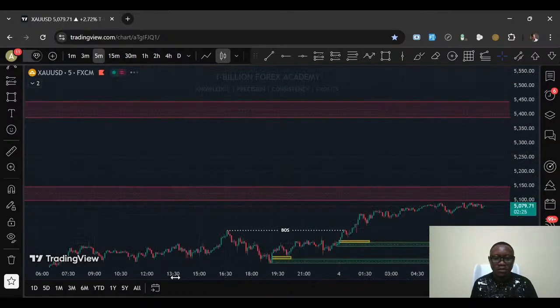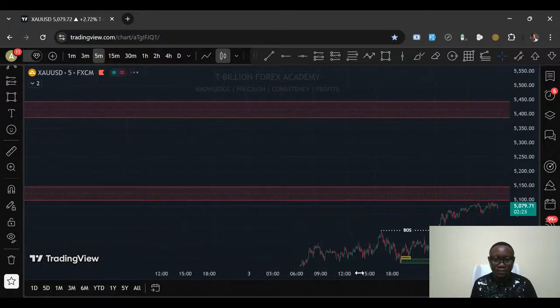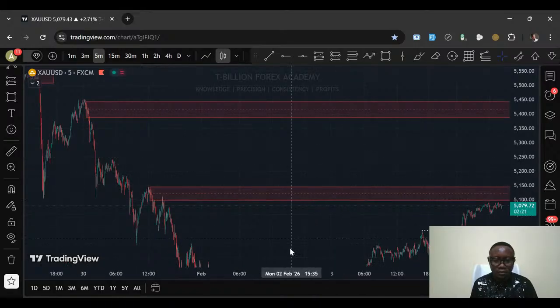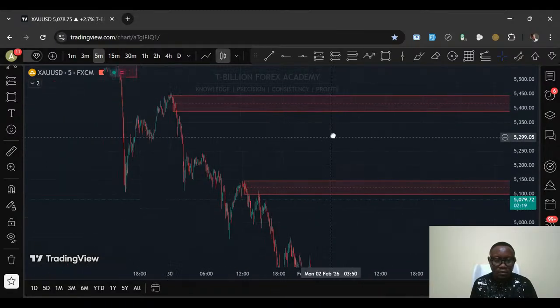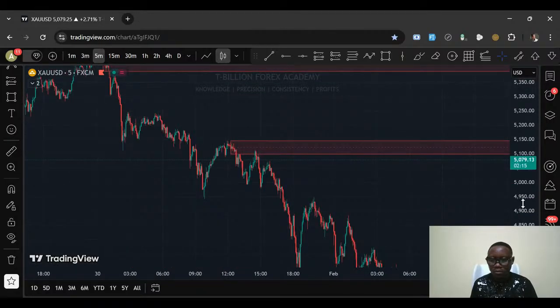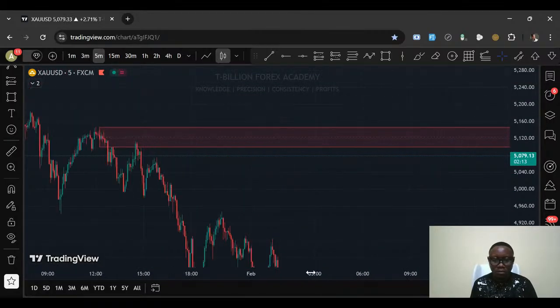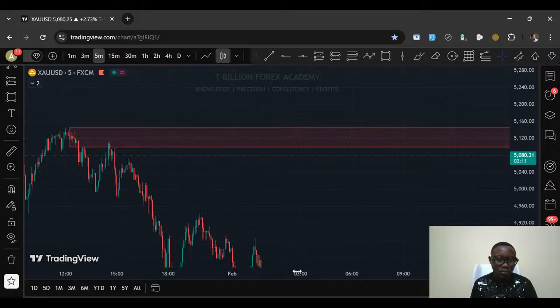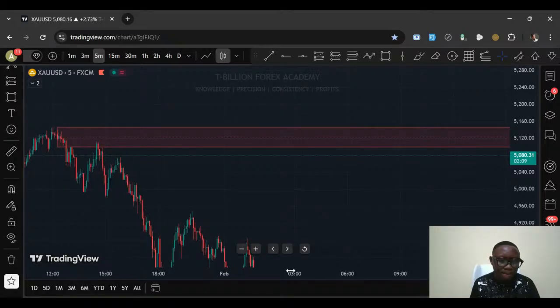Now, 5 minute time frame. All of this has been mitigated.